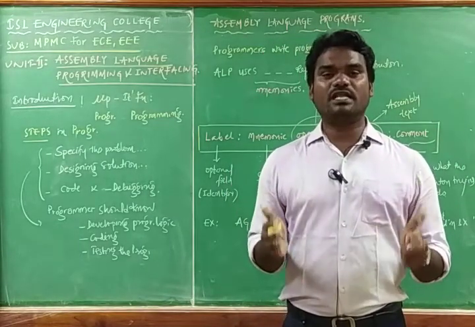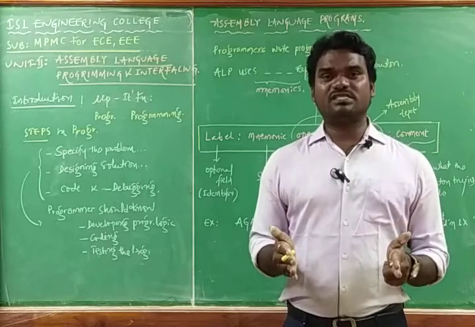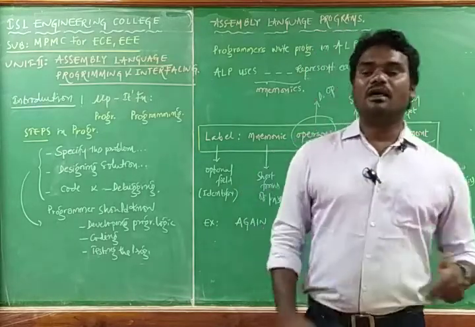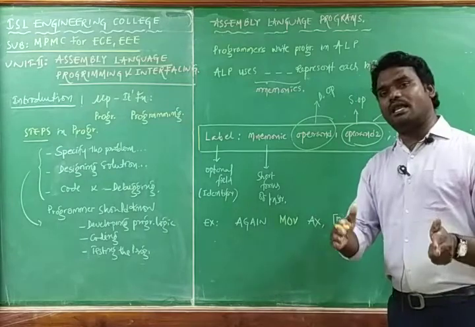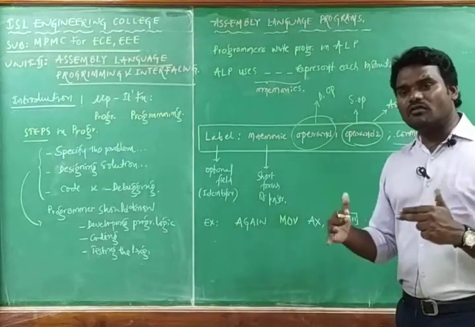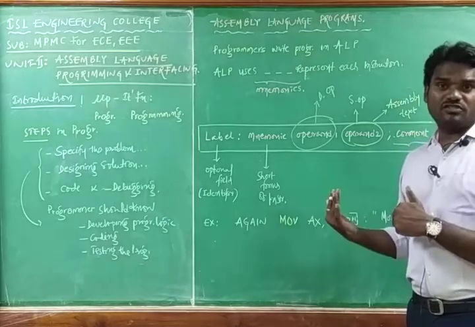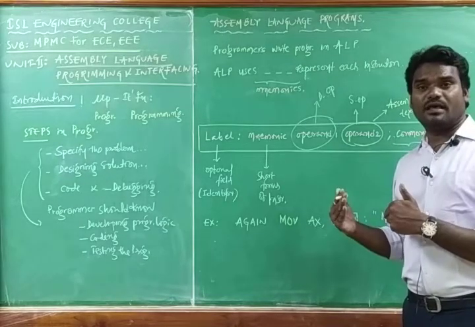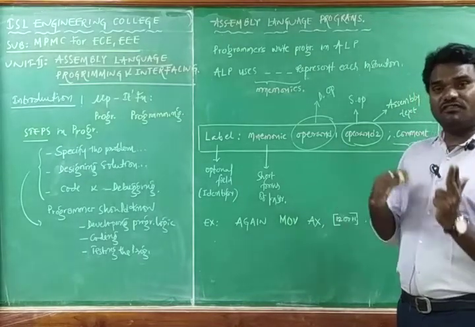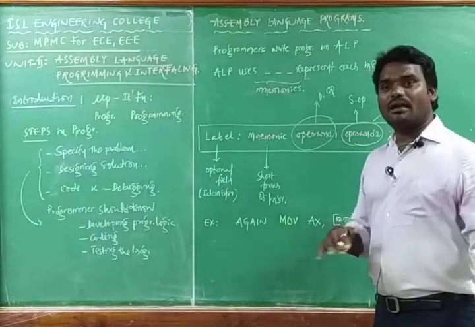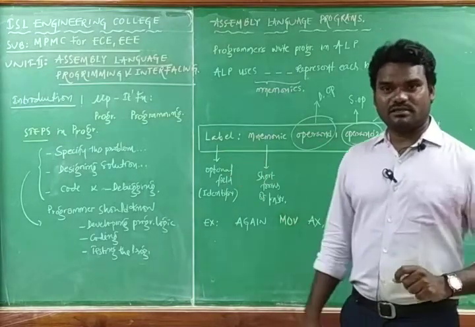Machine language is nothing but a set of instructions in the binary form. So the assembler converts assembly language program into machine language, and that is the main function of the assembler, acting as an interface between the programmer and the microprocessor.